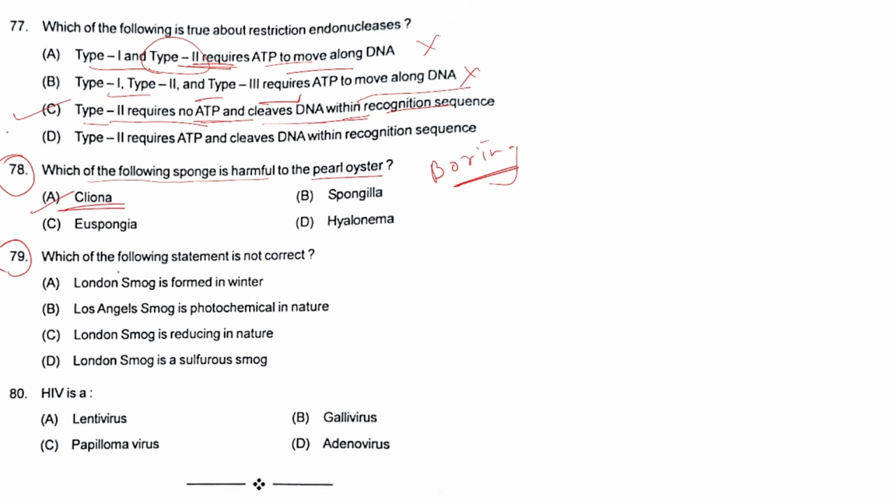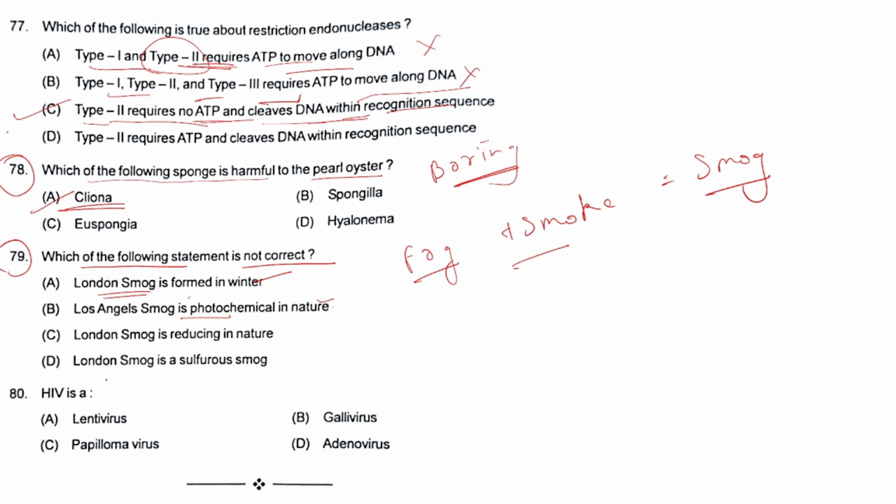Next, 79. Which of the following statements is not correct? London smog is formed in winter. What is smog basically? Fog plus smoke together make smog. Smog is formed during winter. So this is correct. London smog is formed in winter. Los Angeles smog is photochemical in nature.